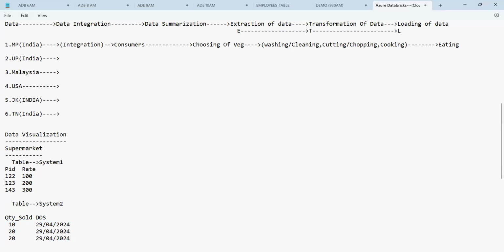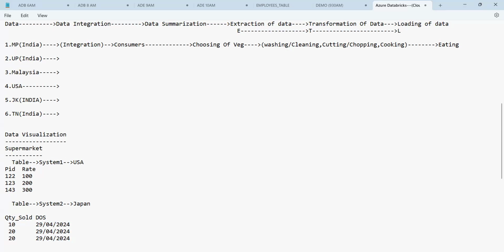So now you have the data in two different systems. Let us say this system is located in USA, and this is located in Japan. So now the data is available at two different locations, that is US and Japan.